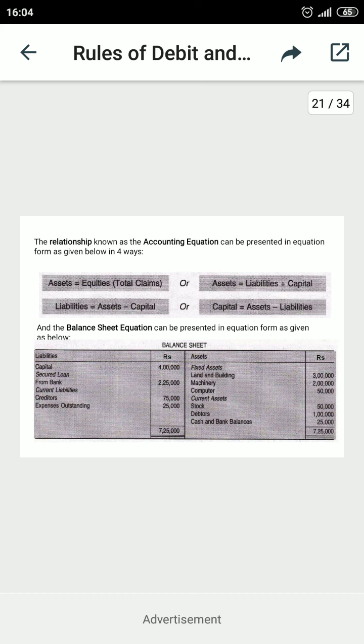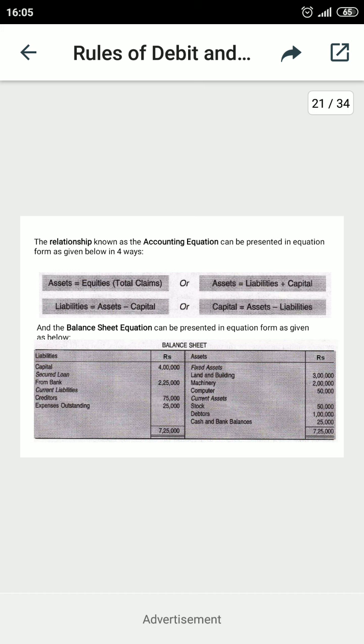Now come to the next: the relationships between the accounting equations. Asset is equivalent to the total claim, and the total claim is equivalent to liabilities plus capital. You may use both, but generally at the time of preparing equations we use asset equals liabilities plus capital.